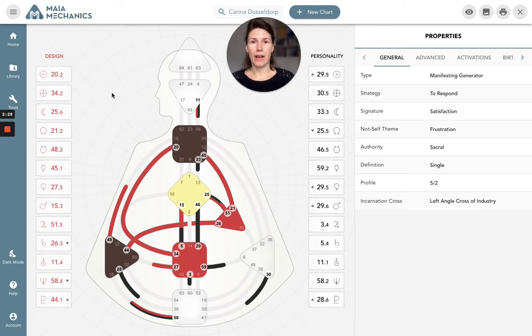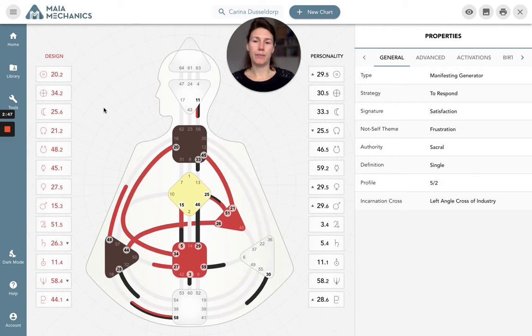Every body graph has 9 centers, because we're 9 centered beings, and every center has a function, has a meaning, it stands for something. And I'm not going to go into all the details about the centers, but that's basically what you're looking at.